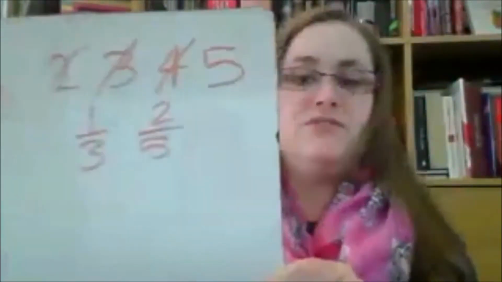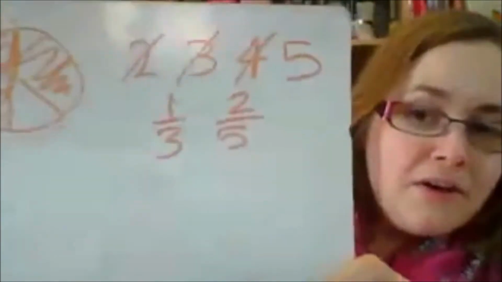It's quite tricky. I'm just going to see if 2/5 is actually bigger than 1/3. I'm just double checking because I would hate to get it wrong. Okay, so it's just bigger. So it could be 2/5.